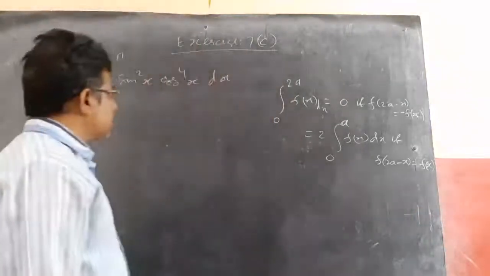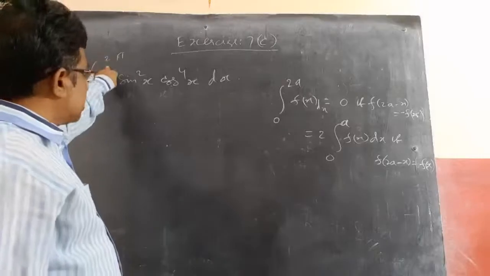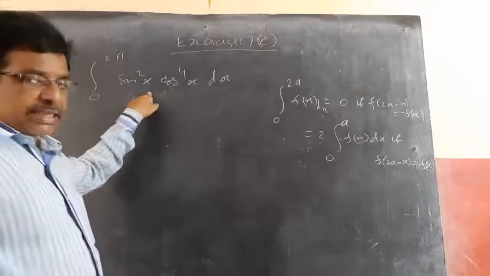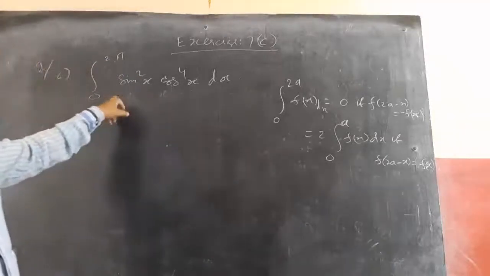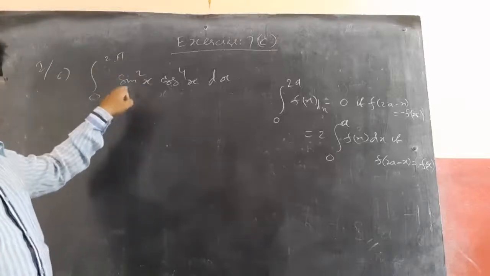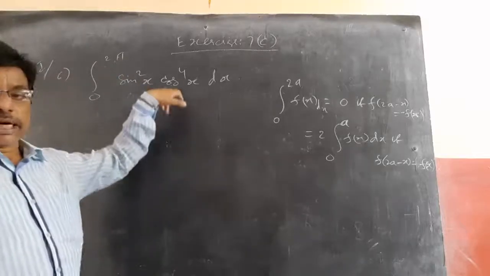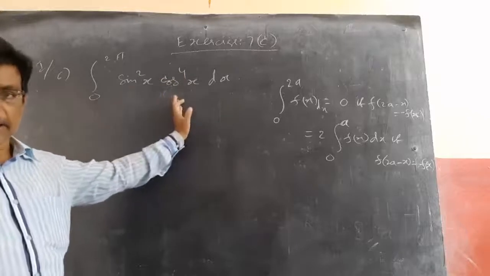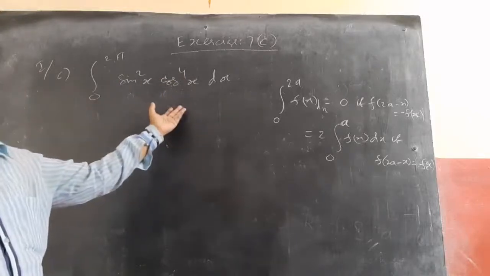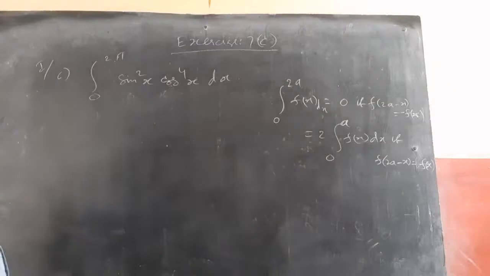So we will check first f of 2a minus x, meaning sin of 2 pi minus x. Third and fourth quadrant, sign negative, but square is there, so automatically plus. Again this also has cos power 4. Simply, this is an even function. So f of 2a minus x is f(x) only, so no minus f(x).